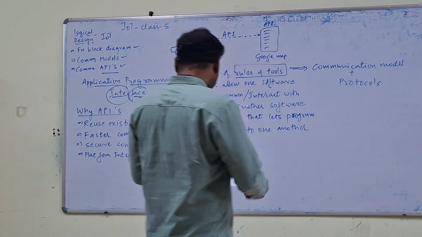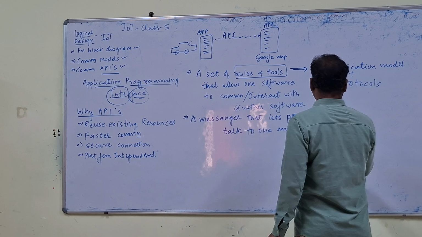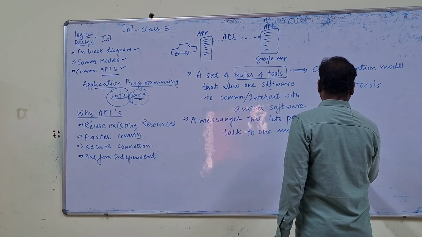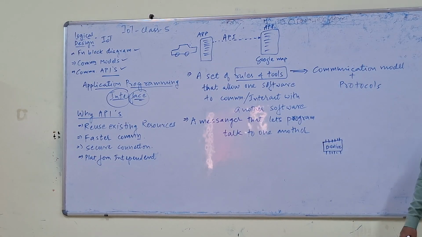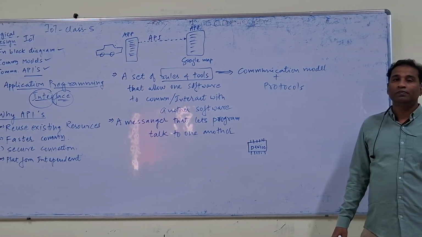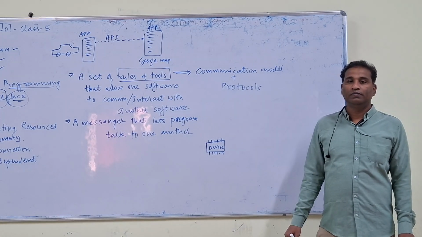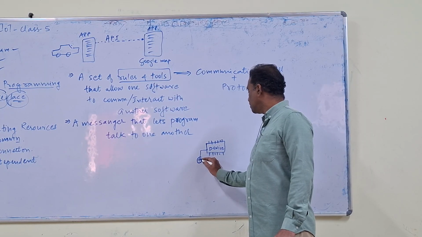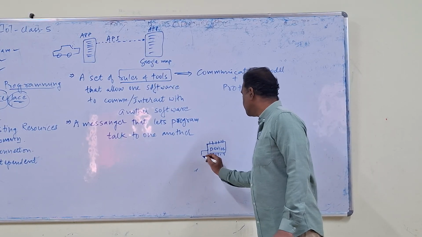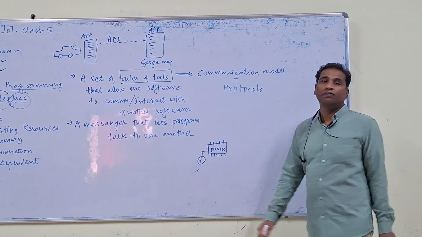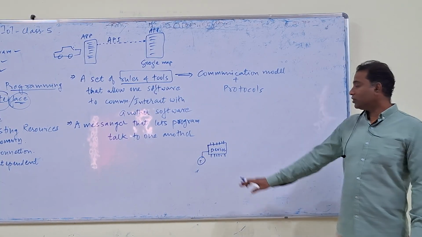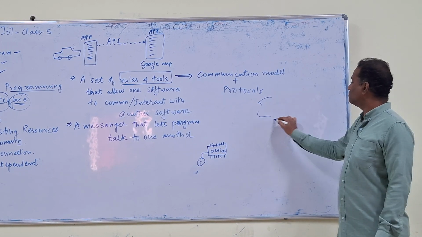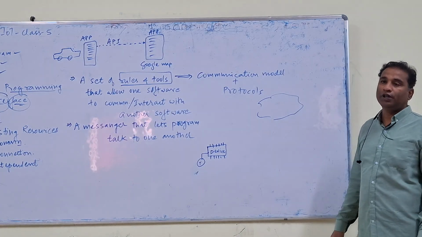So, what happens in IoT? In IoT, I have a device, that is a processor. I have connected a temperature sensor. In the Internet of Things, all the devices are part of the Internet. I have a cloud, which is part of the Internet.